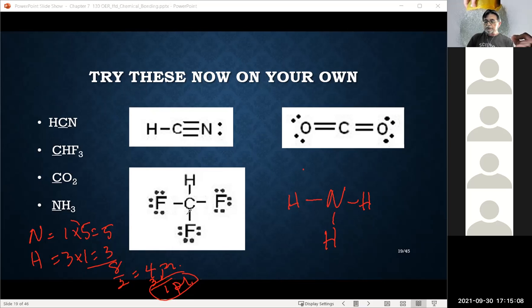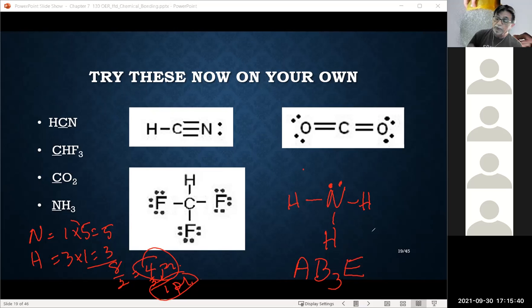So the only place that 1 pair left has to go is on the central atom, nitrogen. Okay, and so I double check. I still got 4 pair. Okay, and I got 3 bonded pair, and guess what? 1 non-bonded pair. So my general formula becomes AB3, because there's 3 hydrogens, and now we got an E.